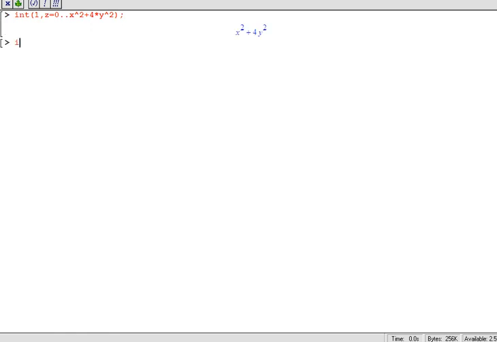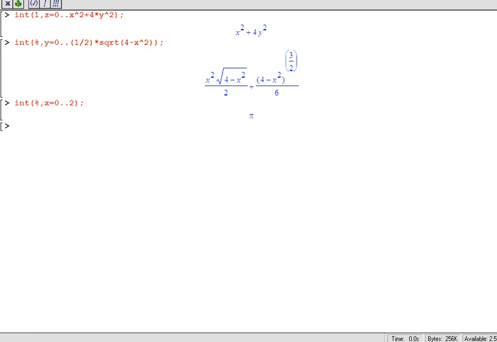Okay, then we're going to integrate that, where y goes from 0 to 1/2 square root of 4 minus x squared. Say that's times, I forgot. And then we're going to integrate that. X goes from 0 to 2. So we get pi for an answer.